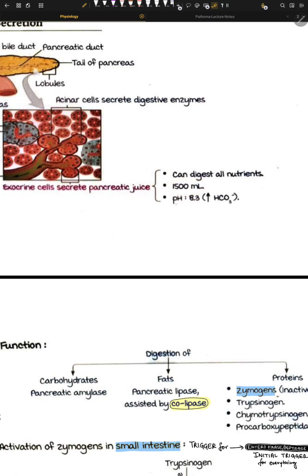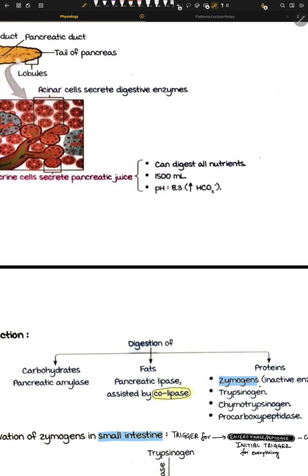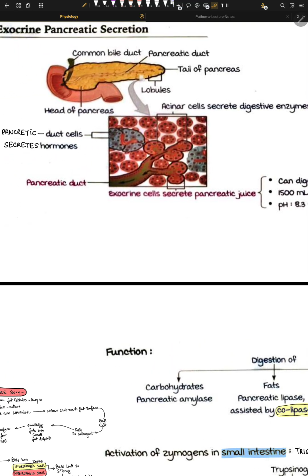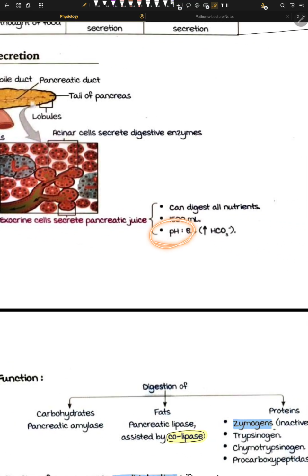The pH is very basic in nature, 8.3. Very important, 8.3. Why is the pH 8.3 here? Because this pancreatic bicarbonate system works via secretin. We'll talk about it.